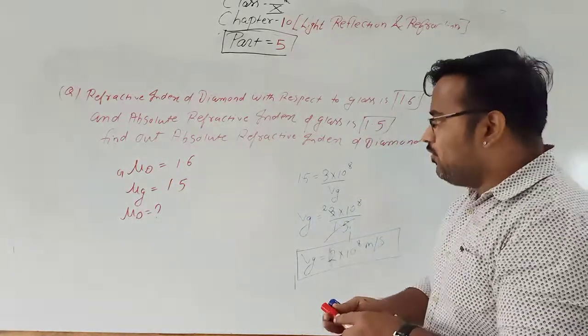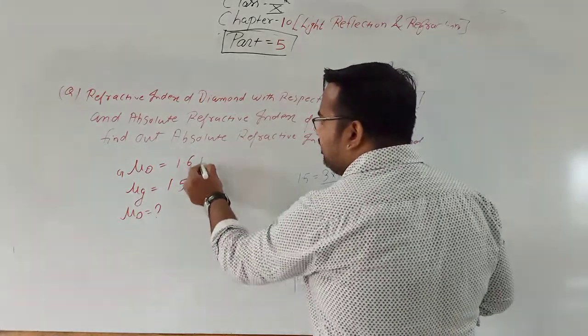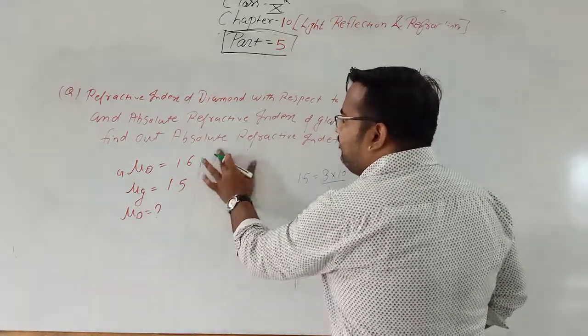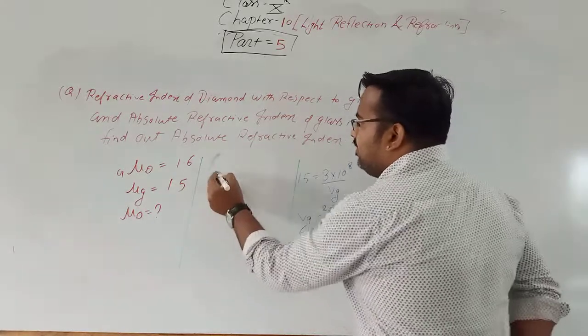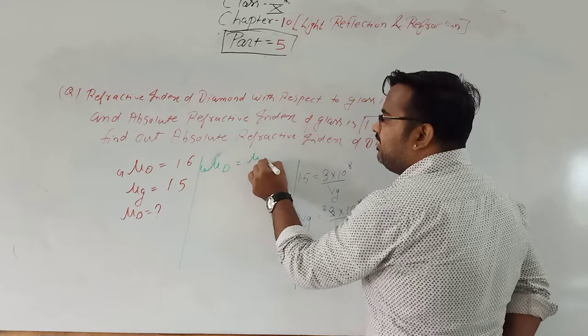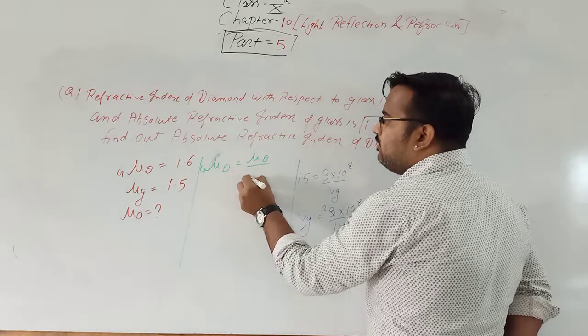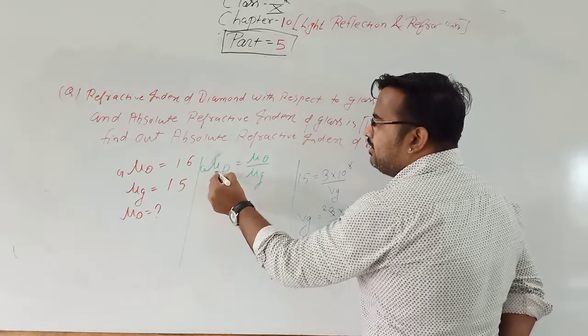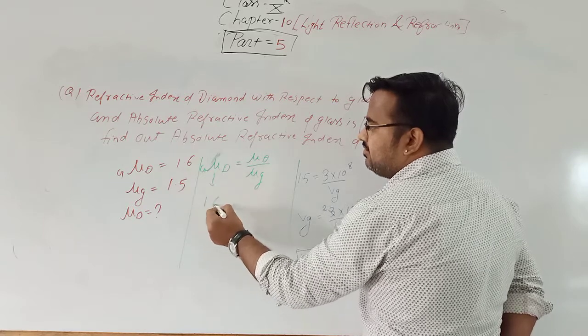Clear? So the formula is: refractive index of diamond with respect to glass. We can write the refractive index of diamond with respect to refractive index of glass. Now this value is given, 1.6.